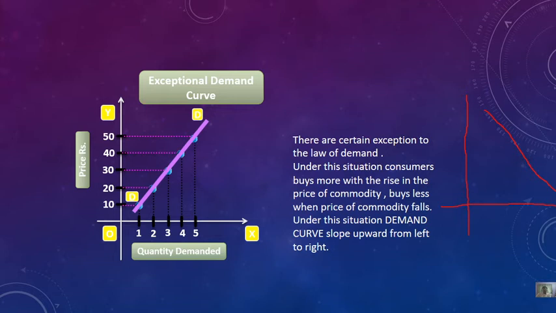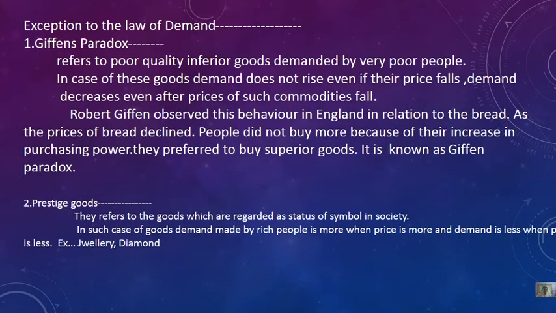Okay, so one by one we see the exceptions to the law of demand. This is the normal demand curve and this is the exceptional demand curve. First exception, that is Giffen paradox.